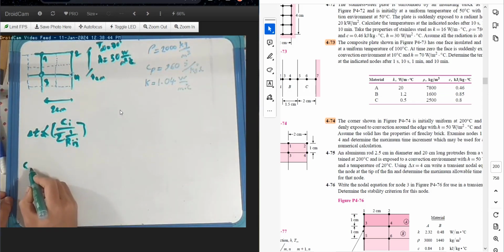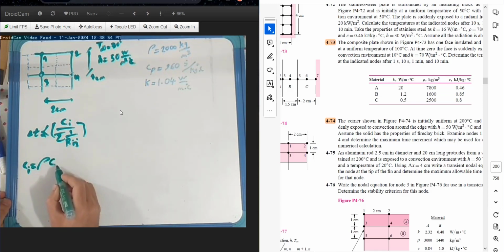C equals rho Cp delta V. V is the volume of each element.